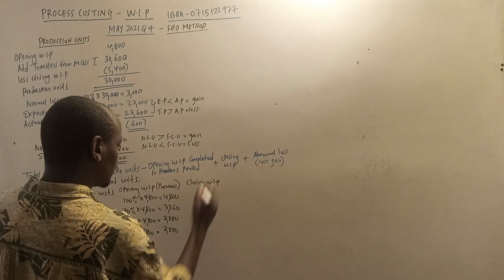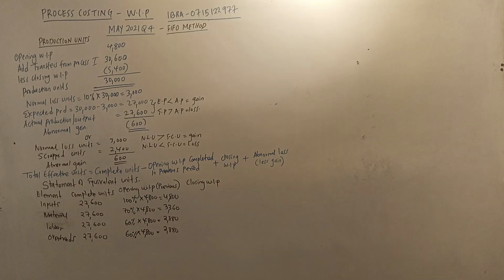Now after that, we can go to closing work in progress. What's our closing work in progress from the question? Closing work in progress is information number 4, 5400, with completion levels of 60, 40, 40.